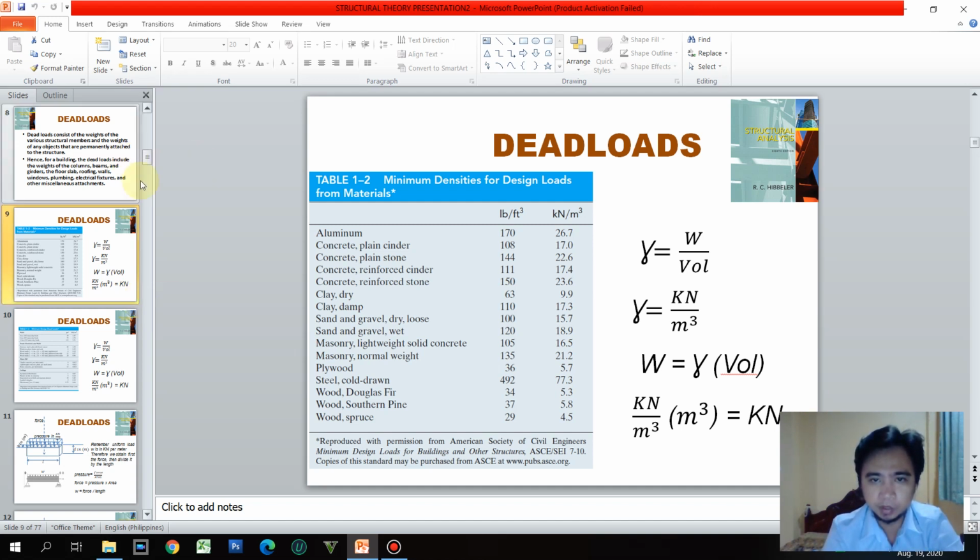It could be in terms of pounds per cubic feet, or in kilonewton per cubic meter in terms of SI units. So this is table 1-2. This came from ASCE, or American Society of Civil Engineers, SEI 7-10.